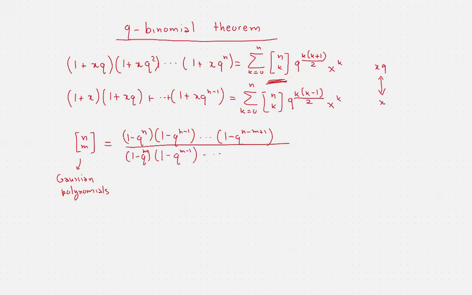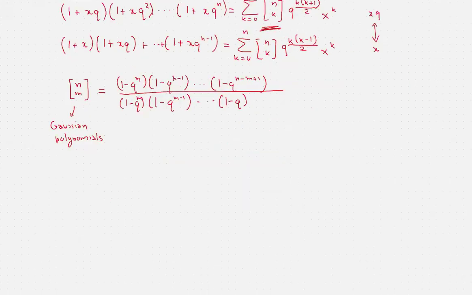At first glance, this looks to be a rational function of q, but it actually turns out to be a polynomial in q. And what is interesting is that if we consider this as a limit, you could even try to apply L'Hopital's rule here, but it's easier to do a little trick and divide both numerator and denominator by 1 minus q^m, and then pass to the limit.